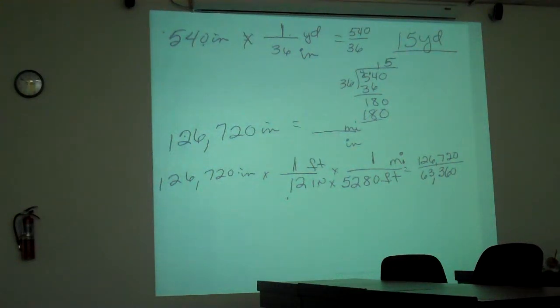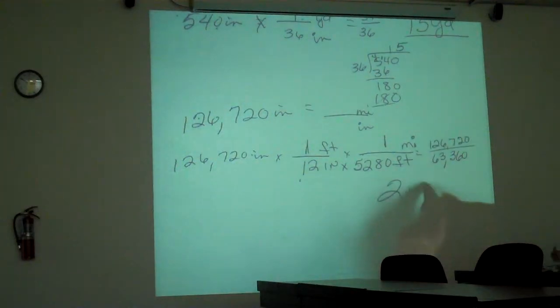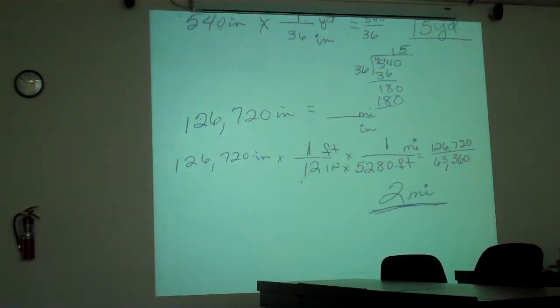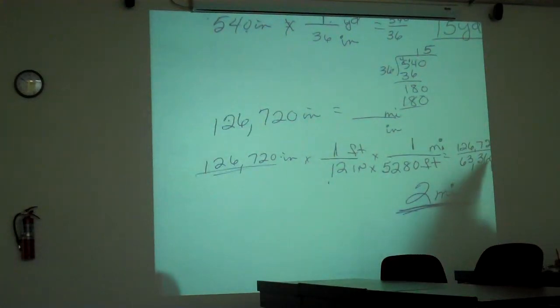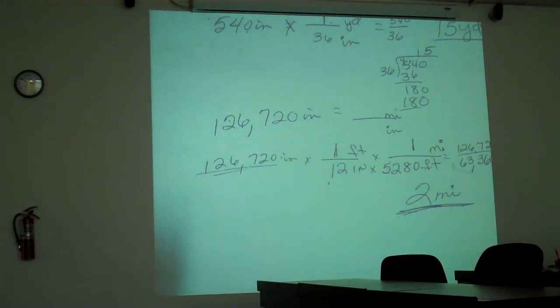So 126,720 divided by 63,360 is what? 2? So it's 2 miles. That's how many inches are in 2 miles. There's 63,360 inches in 1 mile.